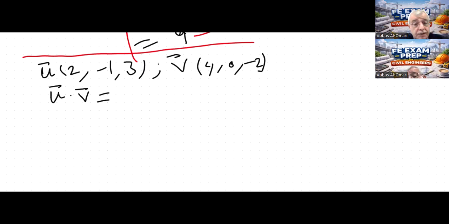Now, the dot product is, again, very straightforward, very simple. We just multiply the corresponding components by each other and do the summation. So 2 by 4 plus -1 by 0 plus 3 by -2.